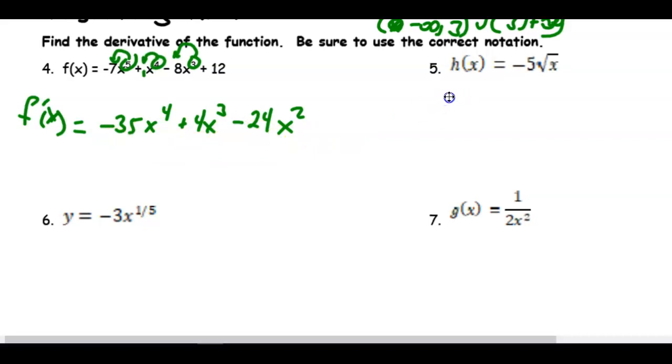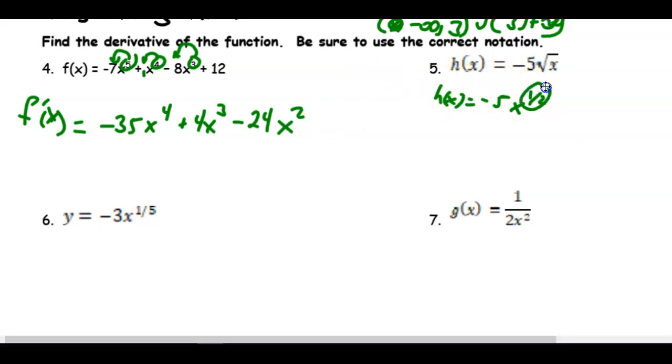All right, for this one, don't forget your indicator, guys, that you're taking the derivative. That prime right there is our indicator. Right here, we're first going to rewrite this as h of x equals negative 5x to the 1/2. We want to have that exponent. Now we take the derivative as we did over here.